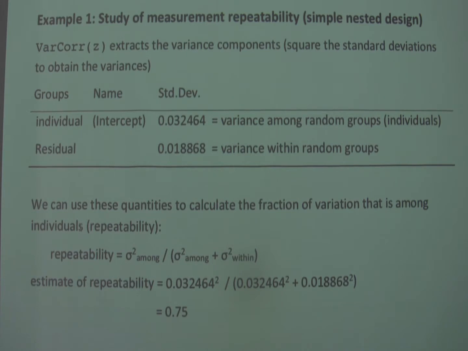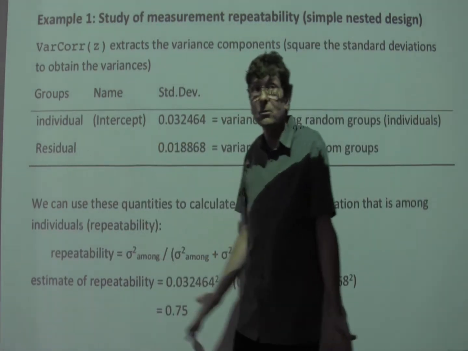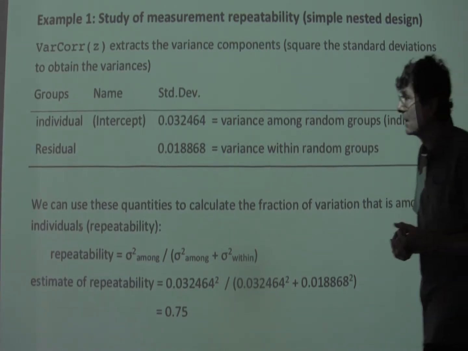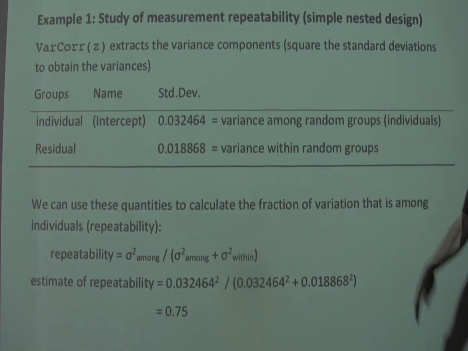Once we've fitted our random effects model, we can extract the variance components. And as I mentioned before, there are two levels of random variation in this design. There's the residual from the model, and in this case, that's the variation within random groups, because we fit an overall constant and we fit separate intercepts to every individual.